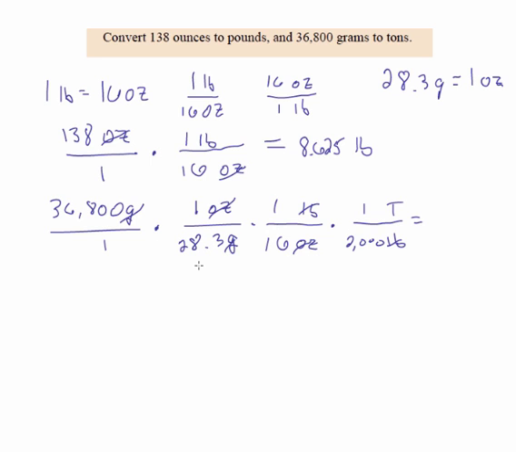So I do 36,800 divided by the product of 28.3, 16, and 2,000. And if I choose to round to 3 decimal places, that works out to be 0.041. The units are tons. I know that because all the other units have divided out already, leaving behind tons, and that's good because that's what I was asked to find.